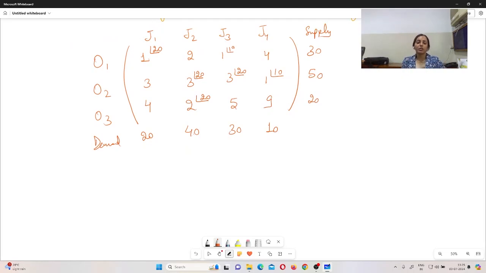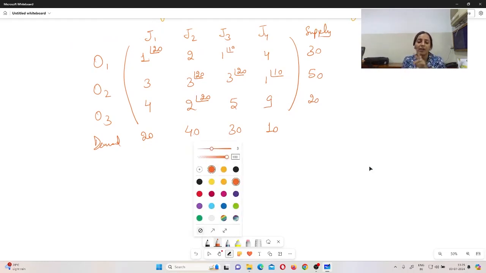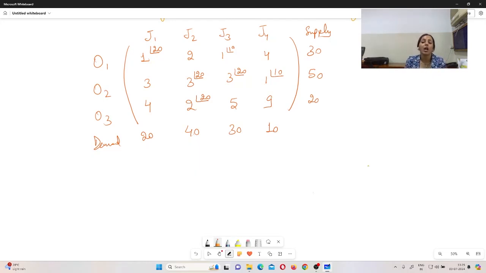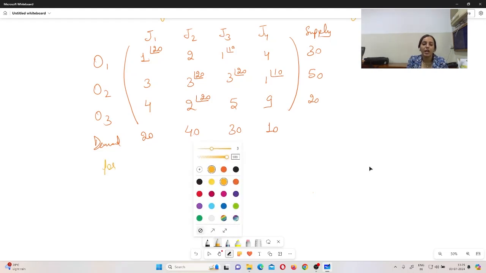Now, what we have to do in the Modi method, we divide the question into two categories, one for the allocated cells and one for the unallocated cells. So first we have to determine for the allocated cells.